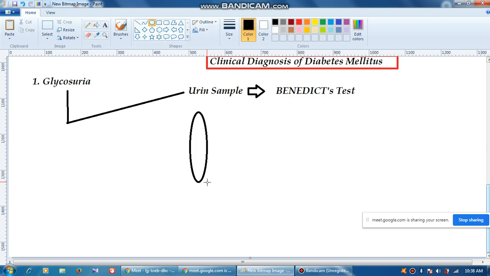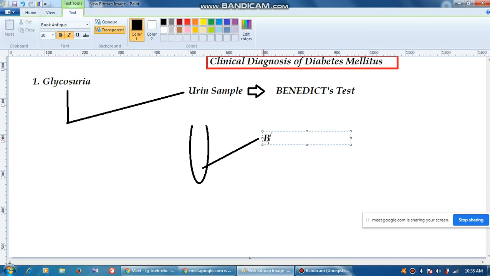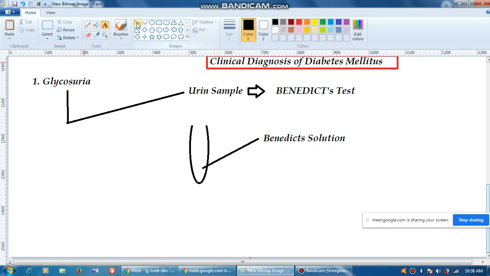This is your test tube. In this, you take Benedict's solution, and then you add urine.